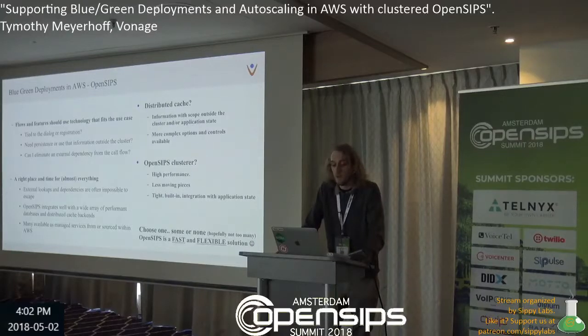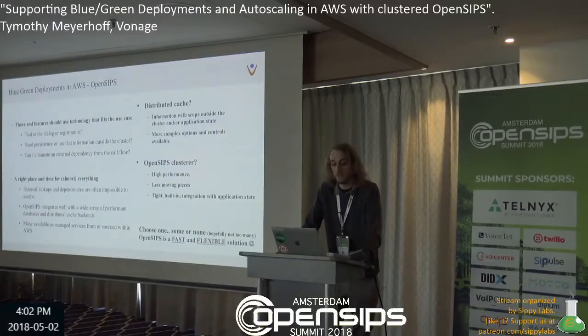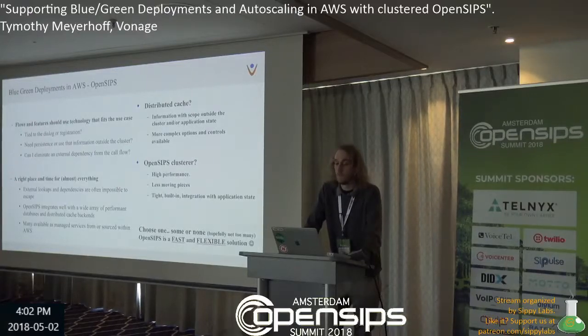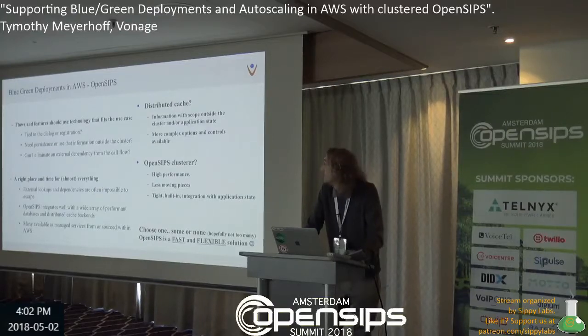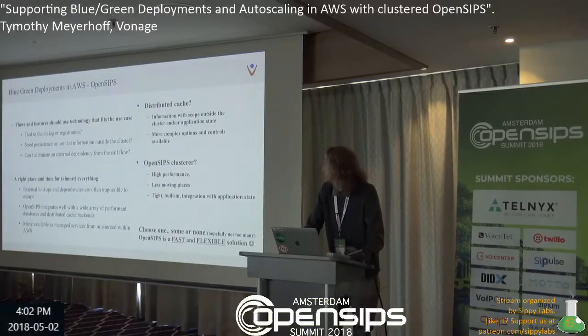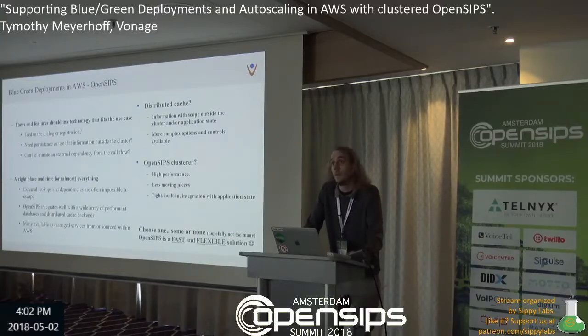We have both the OpenSIPS cluster and different performant databases and distributed cache DB backends. Many of them are available as managed services, but the great thing is if you're dealing with a use case that's tied to an internal state of OpenSIPS, the cluster fits great. It's high performance, has fewer moving pieces, and has tight built-in integration.